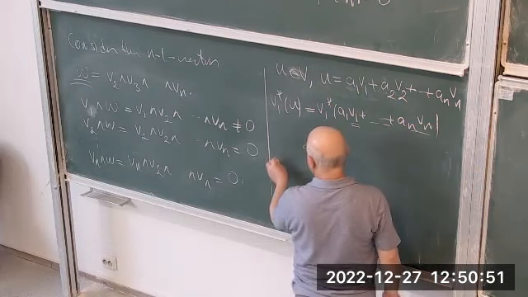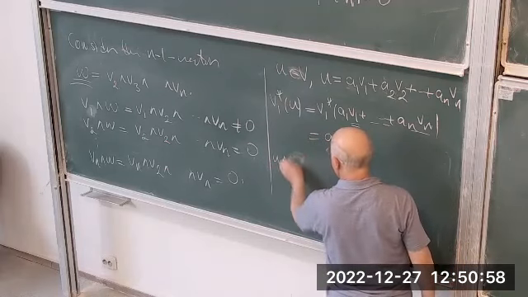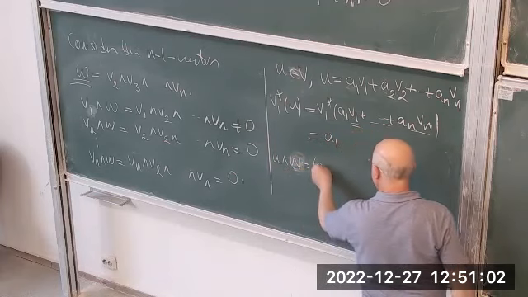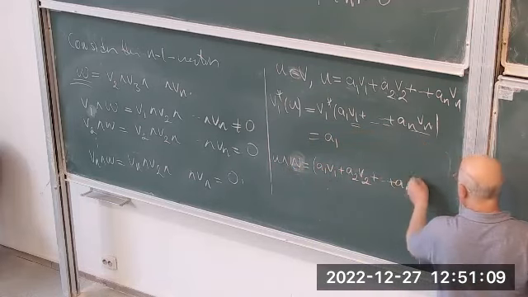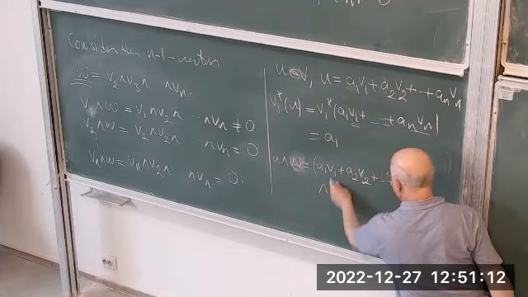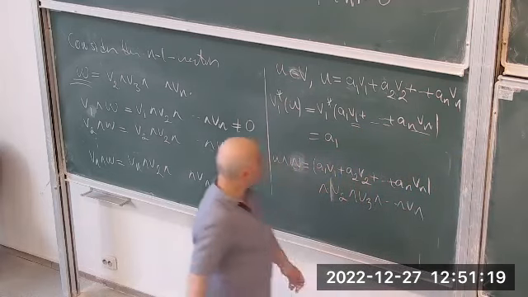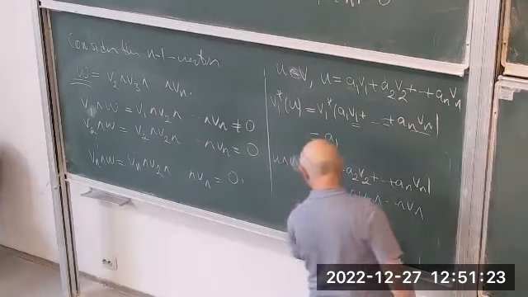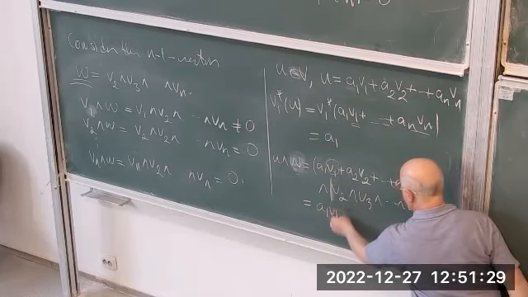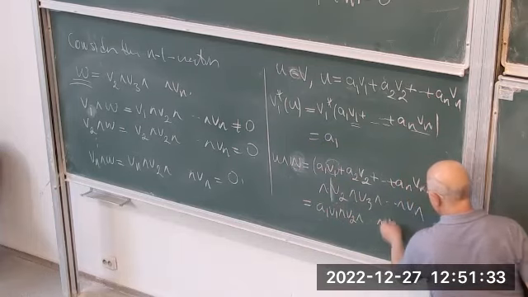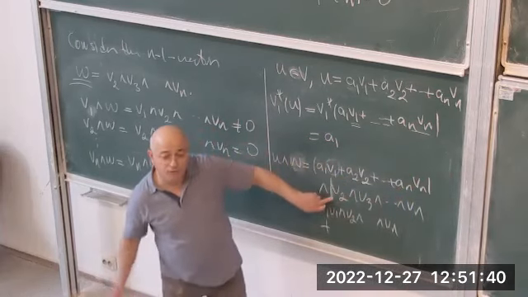And let's look at the following. U wedge W. What is this? U is just A1 V1 plus A2 V2 up to An Vn, wedge W, where W is V2 wedge V3 up to Vn. What is this product? Well, I have the first term A1 V1 wedge V2 up to Vn, and then A2 V2 wedge V2 is 0.